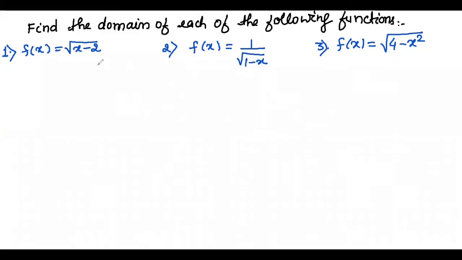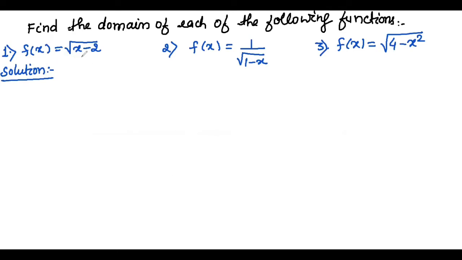So again I have taken 3 more questions based on domain. Here we have to find out domain value. So first question is f(x) = root over (x-2). We have to find out domain of this.